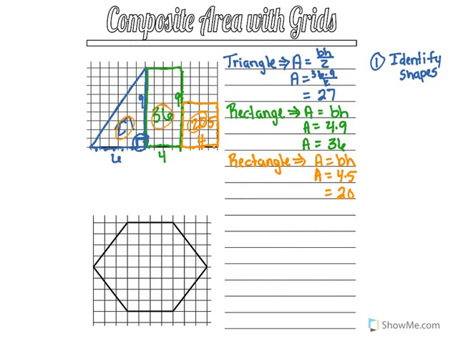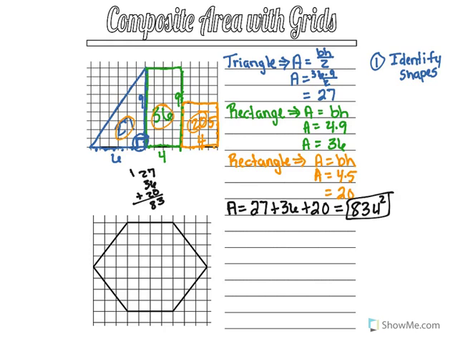So that's 20, 36, and 27. In order to find the total area, I have to add each of those areas up. So 27 plus 36 plus 20, and that's going to equal 83. So the total area of my composite figure is 83 units squared.